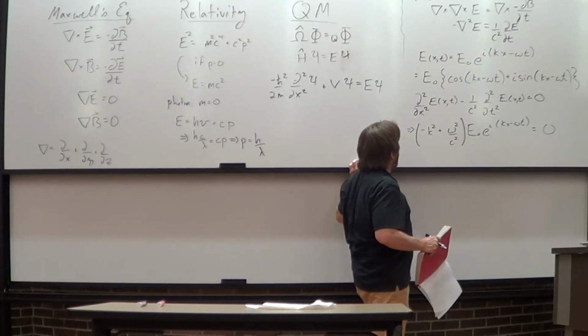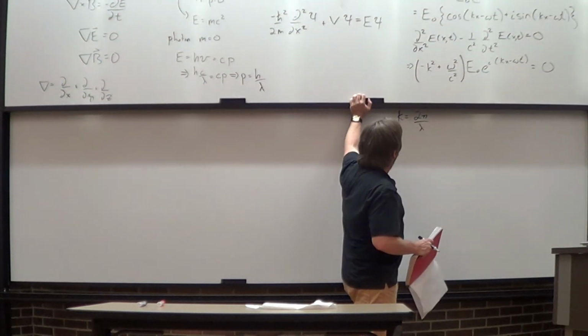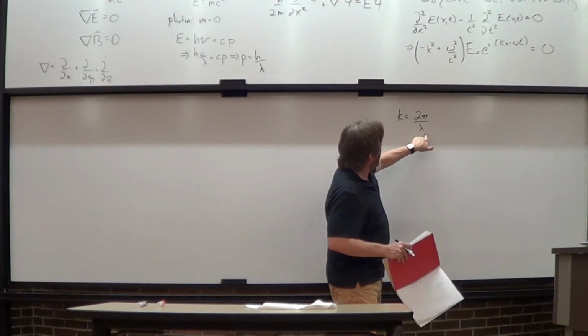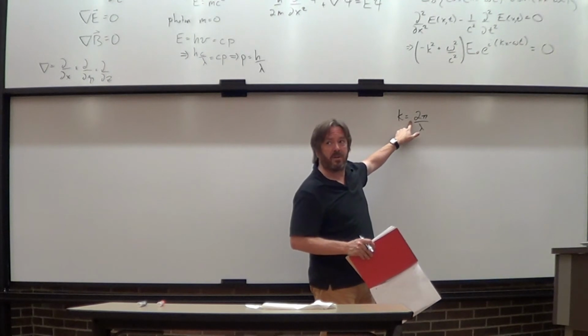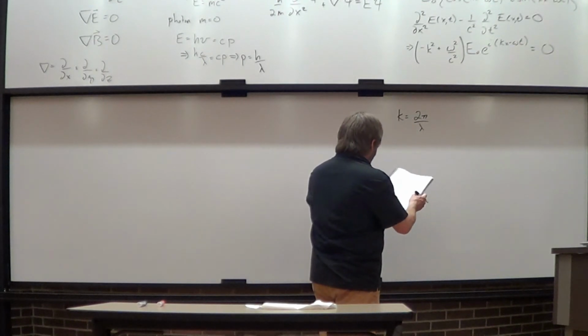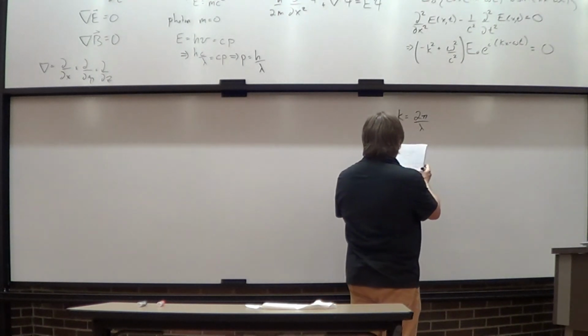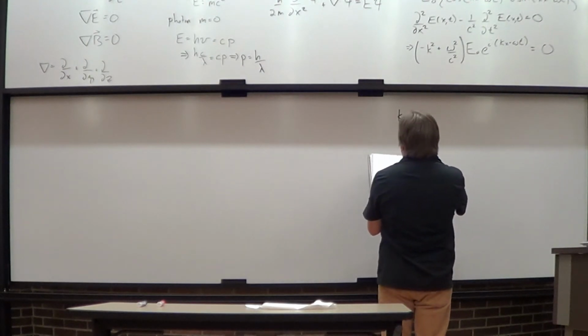So if k is 2 pi over the wavelength, when x has traveled lambda, cosine has gone from 0 to 2 pi. So it makes sense. This is related to the momentum. Sorry, it's not equal to the momentum, it's related to the momentum.